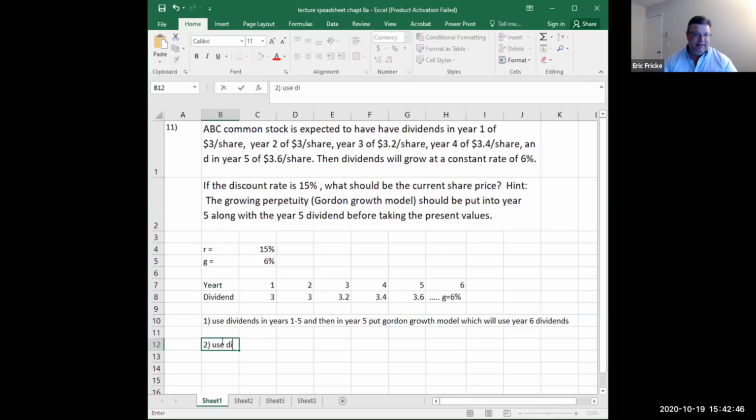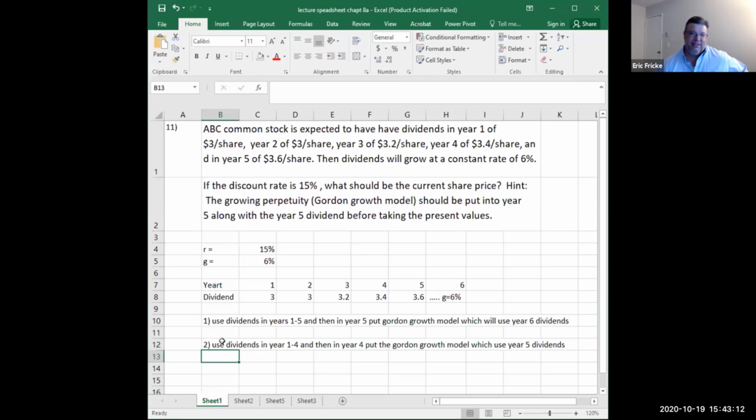Is that we use the dividends in years 1 through 4, and then in year 4, put the Gordon growth model, and that Gordon growth model will use year 5 dividends. Now both those ways will actually give us the same answer.